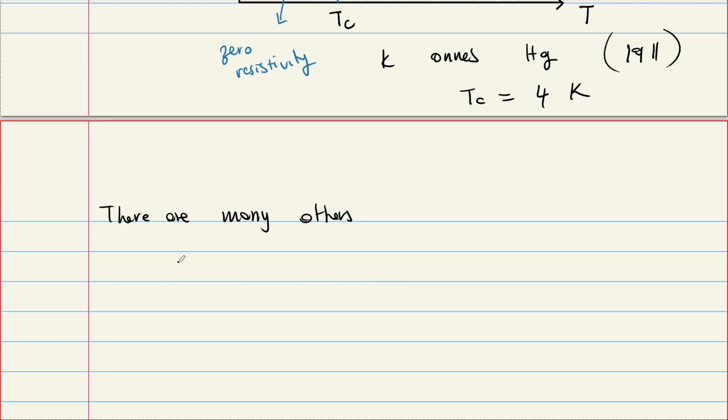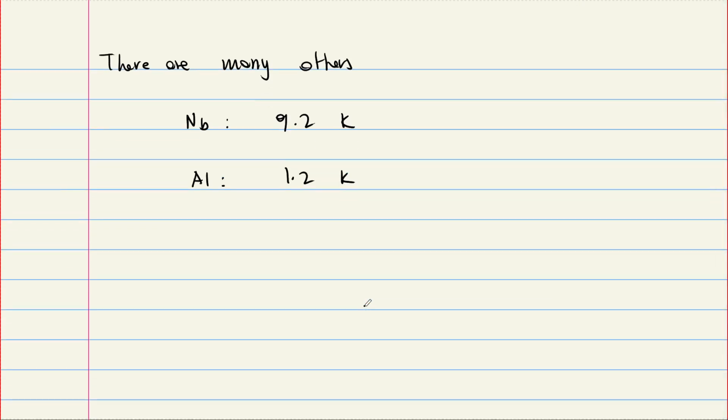So let me start with some elemental superconductors. I think niobium is 9.2 Kelvin. If you take aluminum, it's going to be 1.2 Kelvin. So these are critical temperatures. Take a piece of this material and cool it down to here, you are going to see this behavior. Tin is 3.7 Kelvin. Lead, I think, is 7.2 Kelvin.